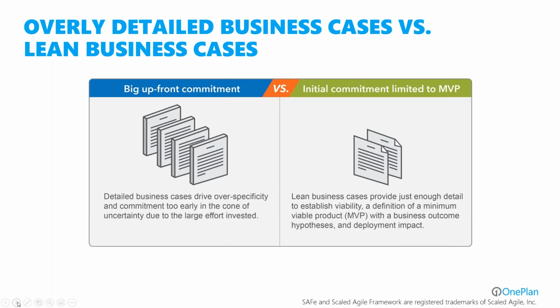And the second thing is 3 to 5 years is a long time in modern business. So lean business cases put pressure on you to create leading indicators of value well ahead of actually even finalizing the product or the project.